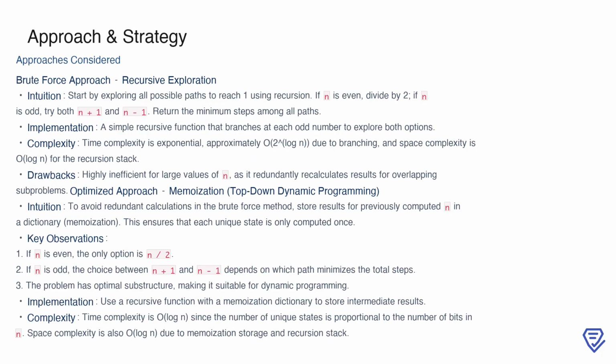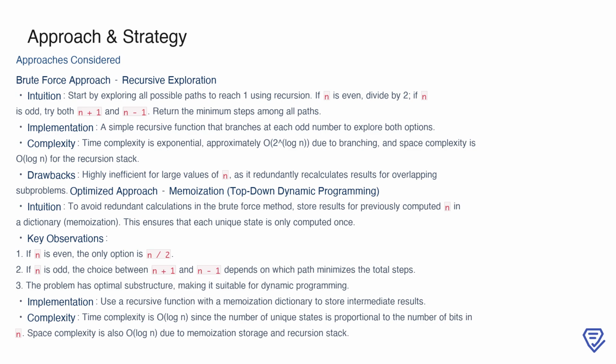To solve the integer replacement problem, let's first consider the brute force approach using recursion. The idea here is to explore all possible paths to reduce the number n to 1. When n is even, we divide it by 2. When it's odd, we have two options, increment n by 1 or decrement it by 1, and we recursively evaluate both paths, ultimately returning the minimum steps required.